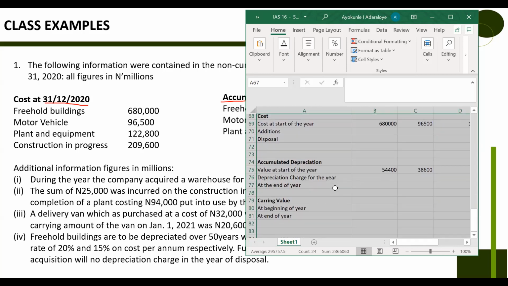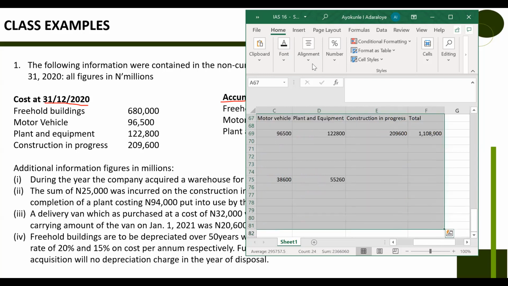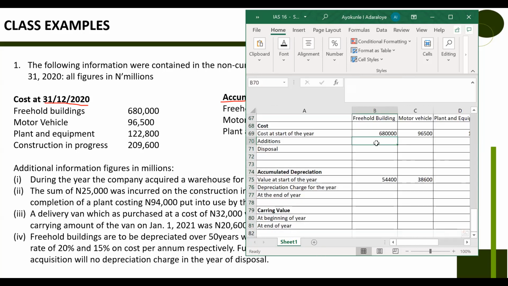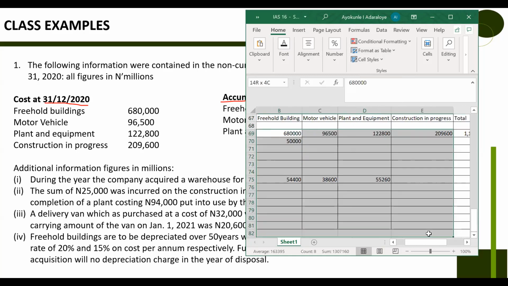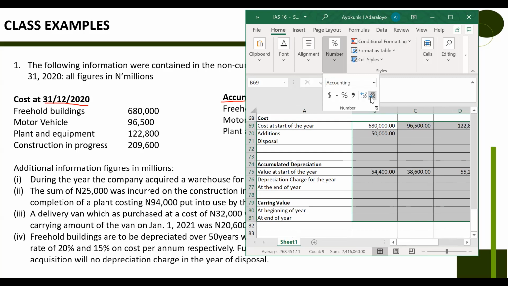I want to give this a table format so that it looks appealing. Under addition, how much are we putting? 50,000. We have solved the first part, the A part of the question.